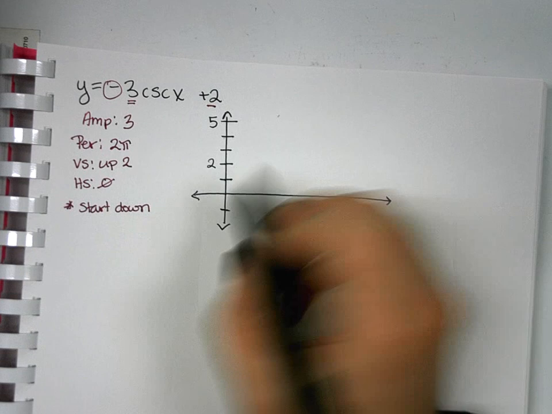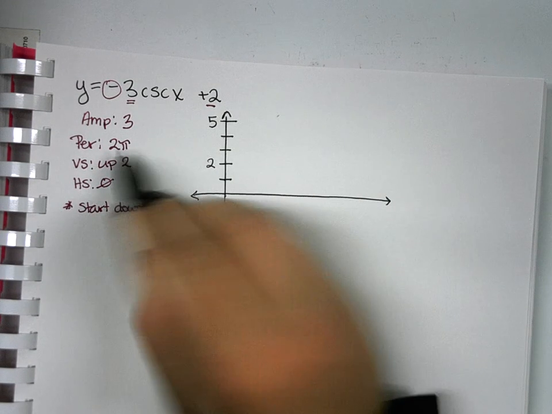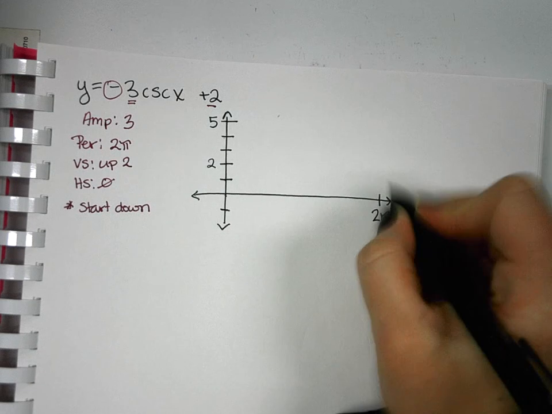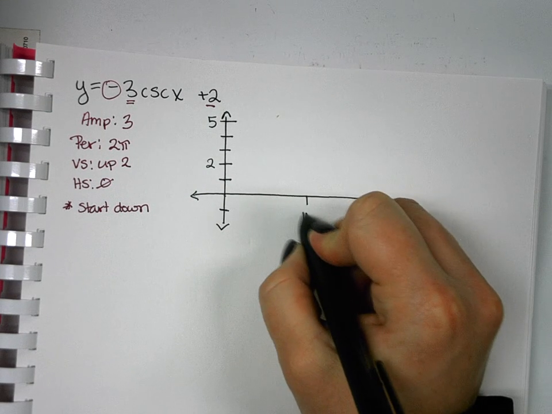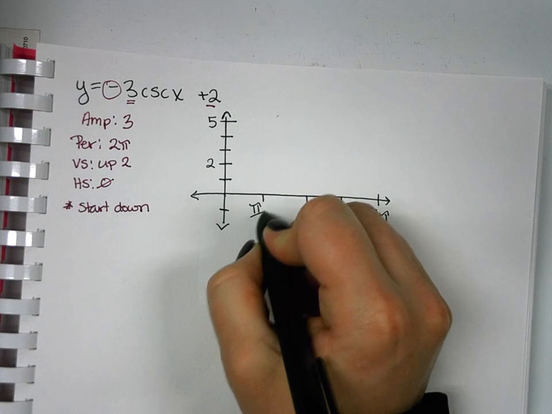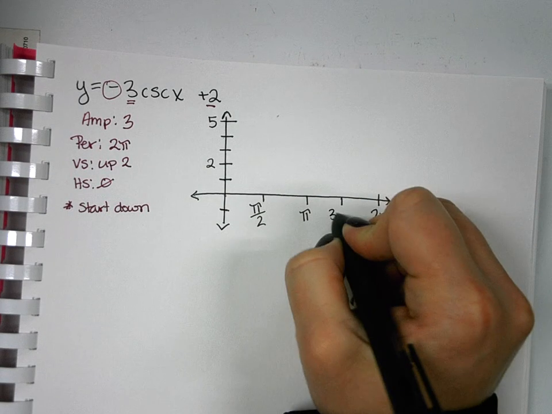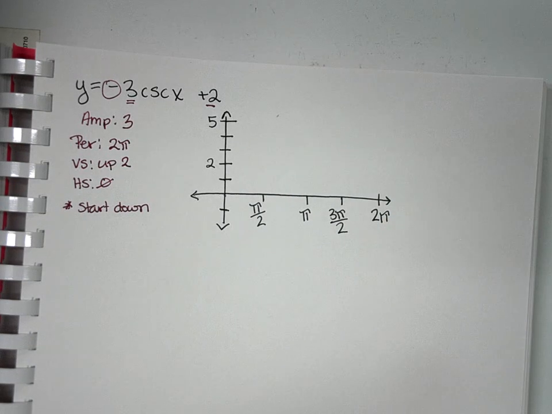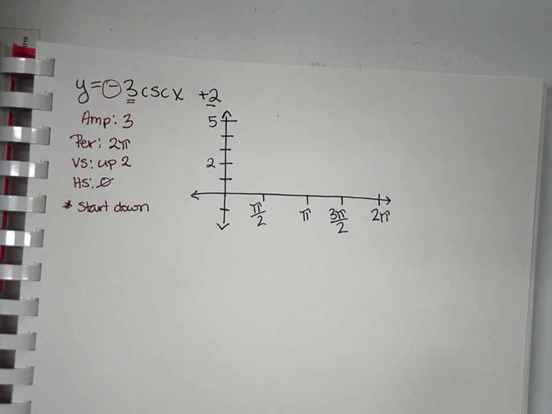Then on my period, I'm going 0 to 2 pi because I didn't have any horizontal shifts and I didn't have any period changes. So I can go ahead and do my basic 0 to 2 pi intervals. And then I can go ahead and start with some things about the graph.